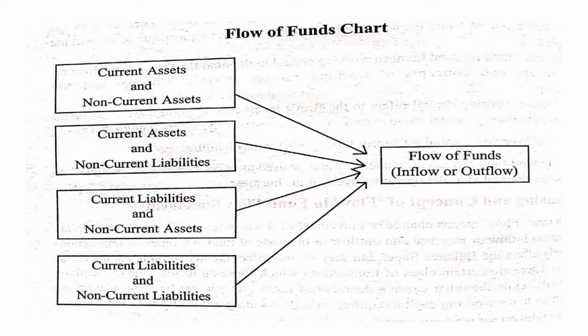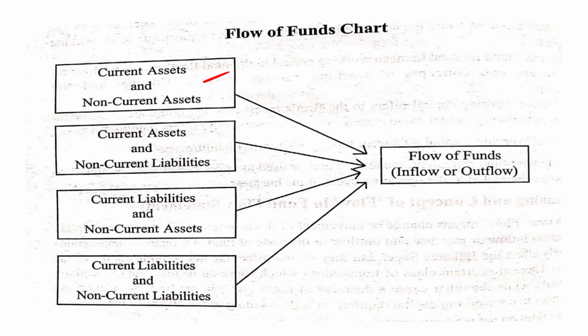The same, the flow of funds charts are given. So current assets and non-current assets, current assets and non-current liabilities, current liabilities and non-current assets, current liabilities and non-current liabilities. This leads to flow of funds. The flow of funds may include inflow or outflow. So what are those?